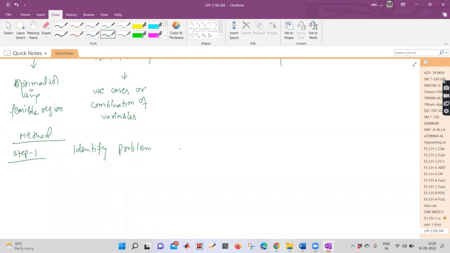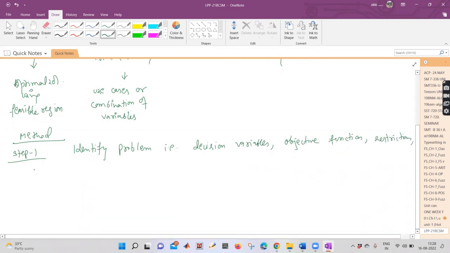You find your decision variables, how many you have, what your objective function is, and what your restrictions are. Then step 2: formulate the LPP or mathematical model.